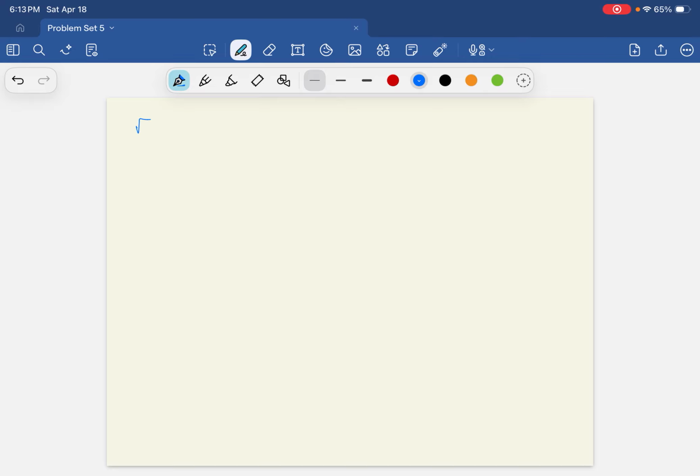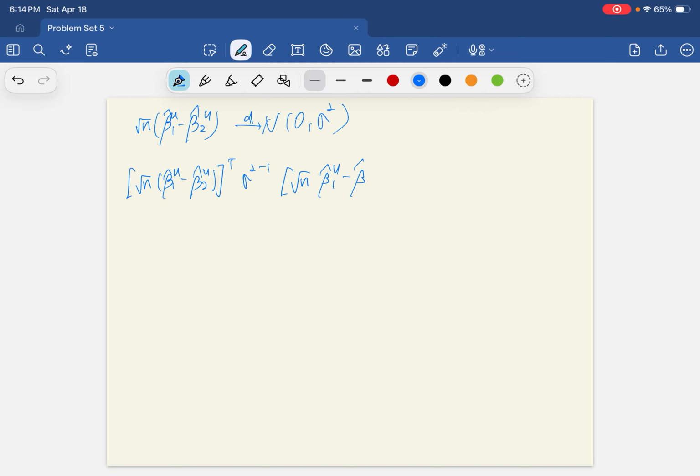Because square root n times (beta hat u1 minus beta hat u2) follows a normal distribution with mean 0 and variance sigma squared, it is easy to see that square root n times (beta hat u1 minus beta hat u2) transpose, times sigma squared inverse, times square root n times (beta hat u1 minus beta hat u2), follows a chi-square with degrees of freedom equal to the rank of the variance.